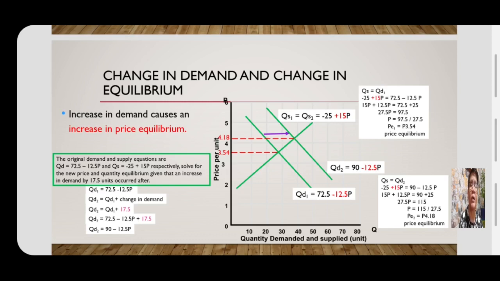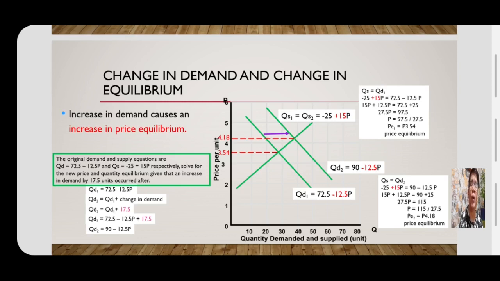Now, in order for us to derive our new demand curve, which is QD sub 2, we have to use our original demand equation, which is QD sub 1, and add to it the amount of change in demand. So because we have an increase in demand by 17.5, the change in demand is 17.5.